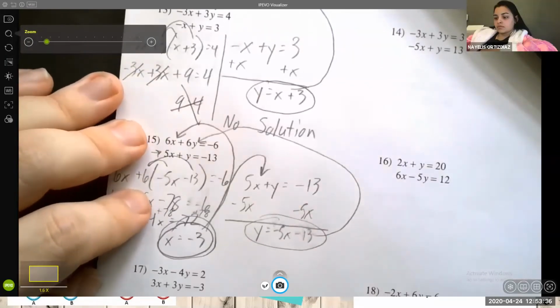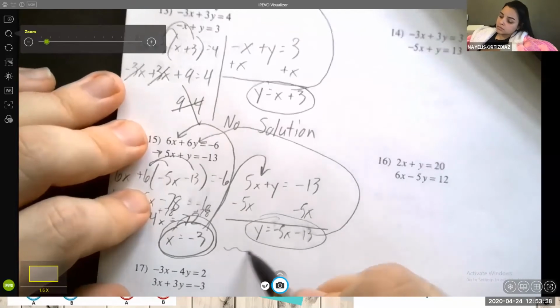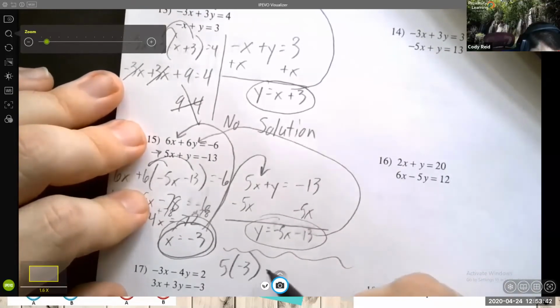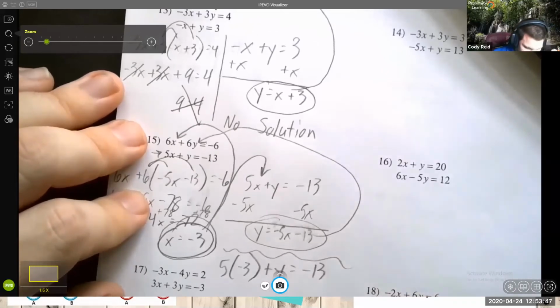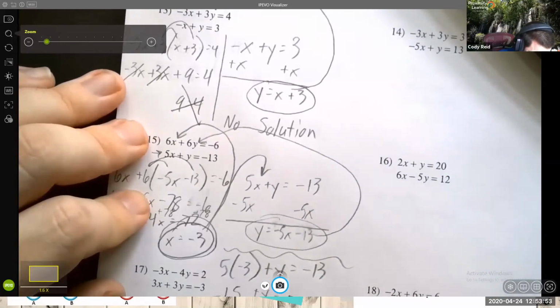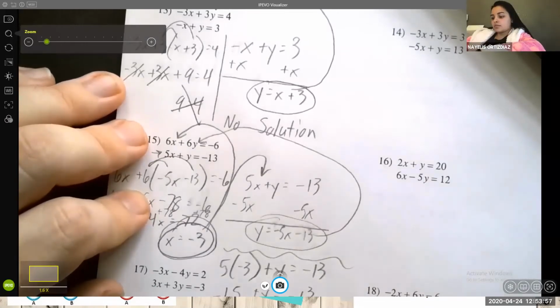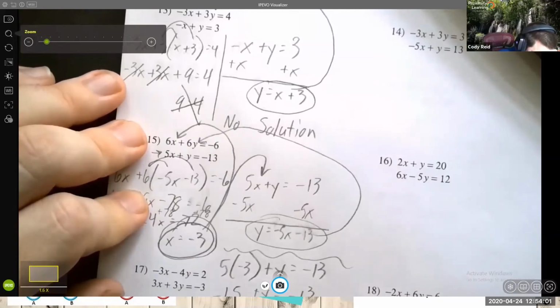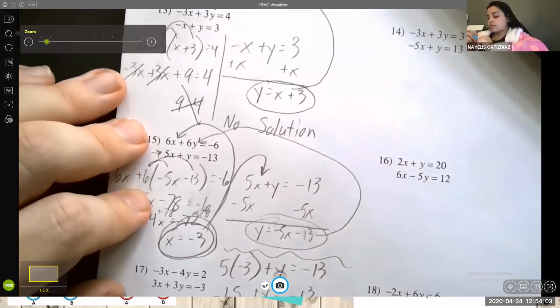So instead of 5x, I'm going to write 5 times -3 plus y equals -13. 5 times -3 is -15 plus y equals -13. Add 15 to both sides. y equals 2.